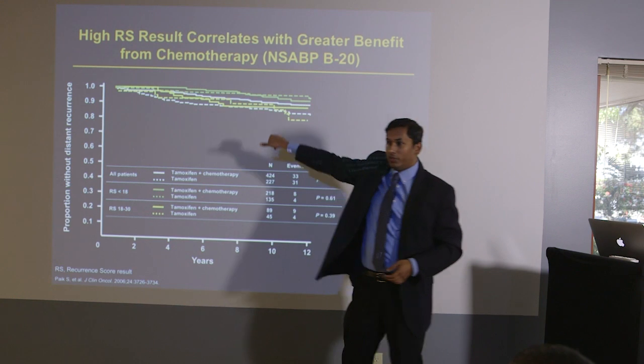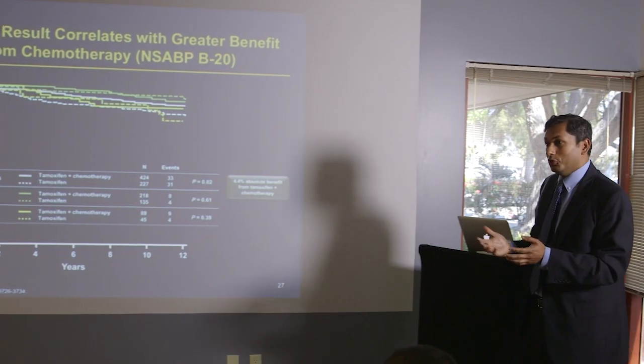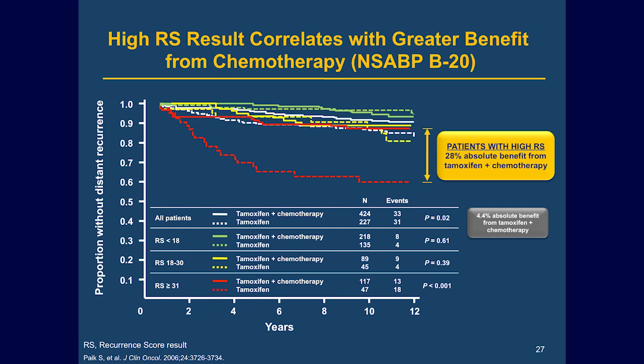And in terms of benefit from chemotherapy, for those who have low scores, the green ones, even if you do chemo or not, it doesn't pass the statistical test of using the thumb rule. Can you place a thumb in between? That's my statistical test. Then it's not useful, right? Whereas with a high recurrence score, the red is where you get chemo, and the other one is no chemo.